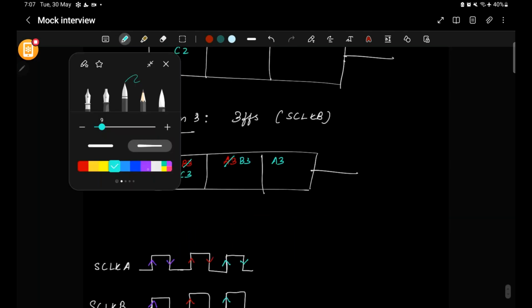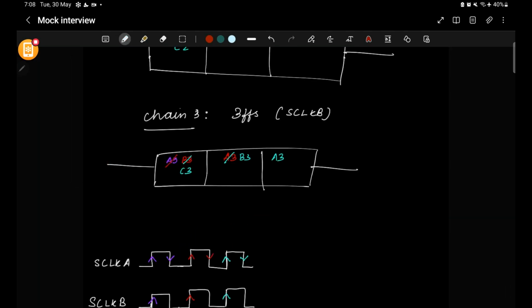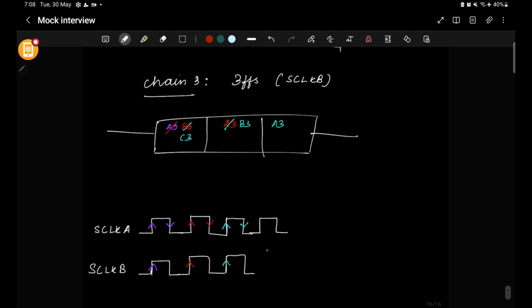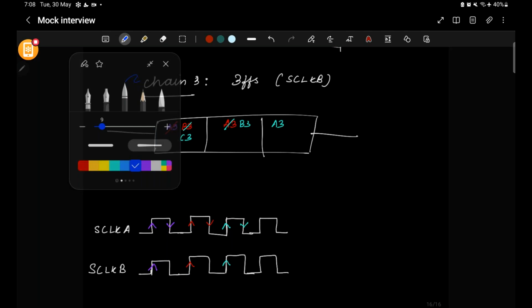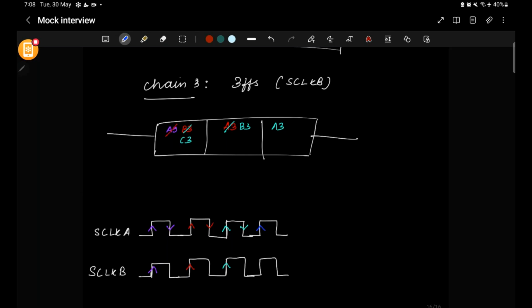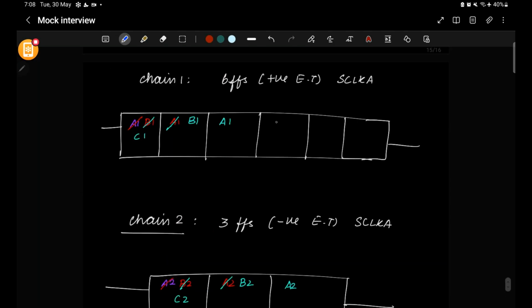Now, next pulse. During the rising edge of this one, what will happen? This data will come here. Then here this B1 will come. Here this C1 will come. And here this D1 would have come.